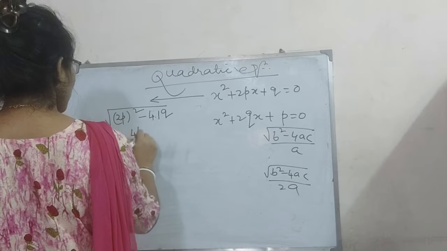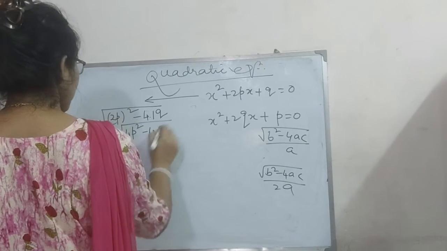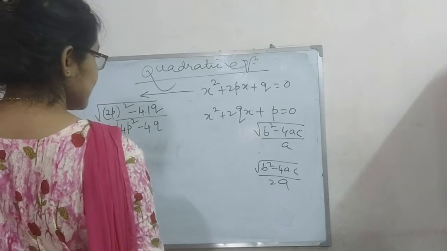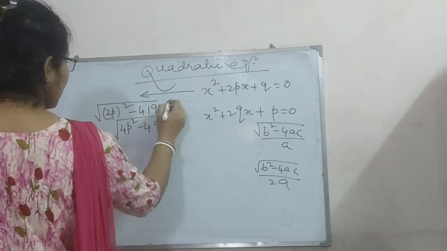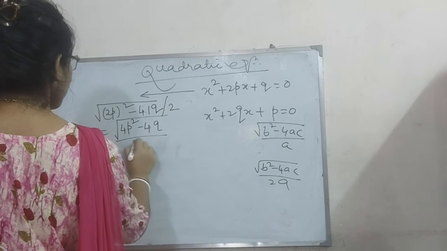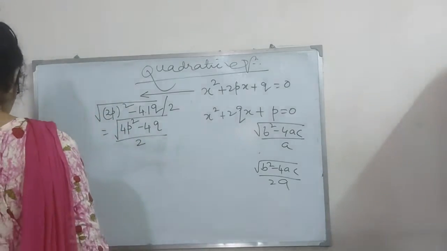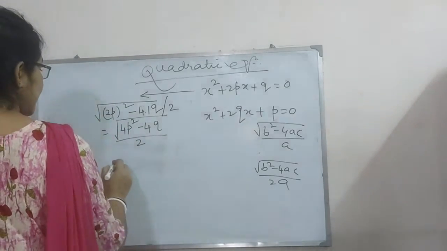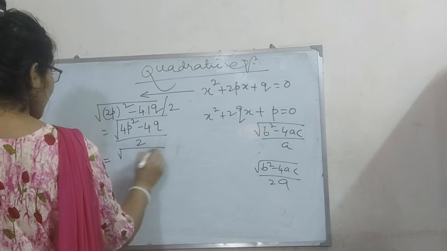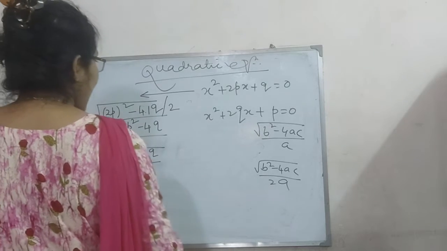This is 4p square minus 4q, root over, divided by 2a, 2 by 2. This will be root over p square minus q.